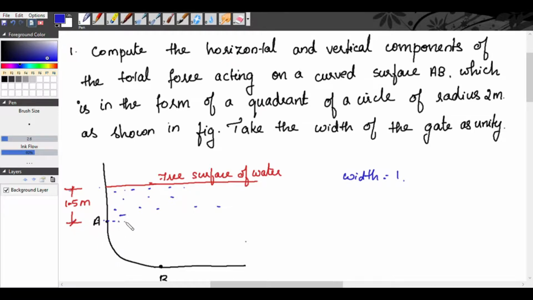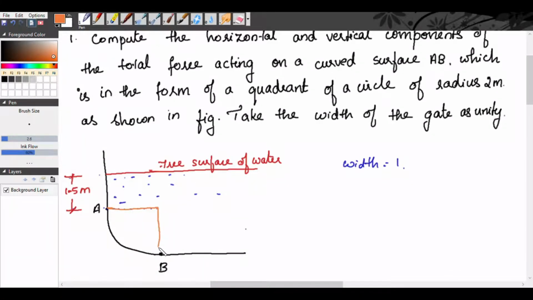That means you can extend this point from B, and take this as O. So our OA is equal to OB is equal to 2 meter. Now our radius is given as 2 meter. That means this distance is 2 meter, and this distance is 2 meter.